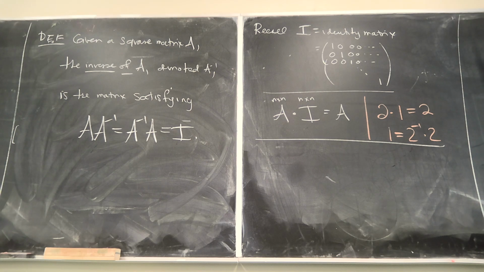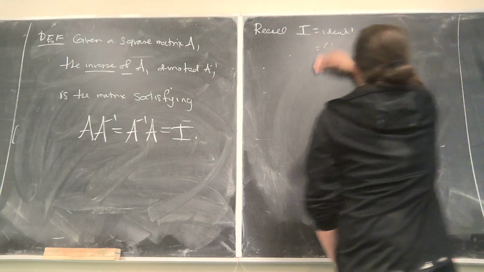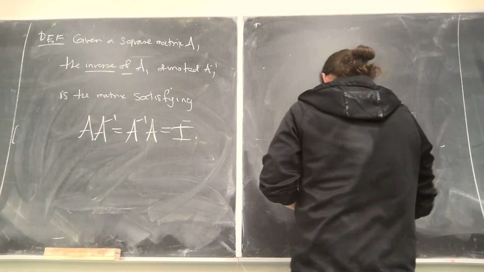So the first thing I'll demonstrate here is that something actually has an inverse. I'll write down a matrix and its inverse.